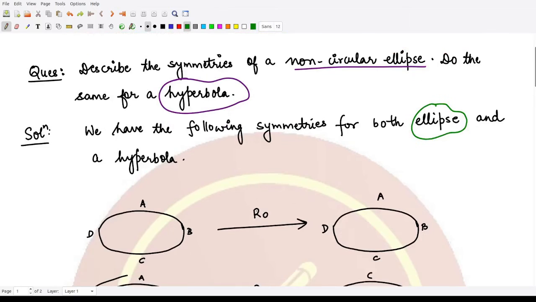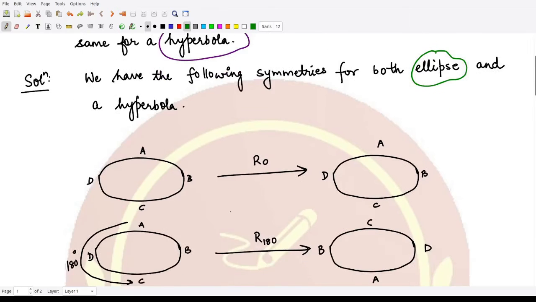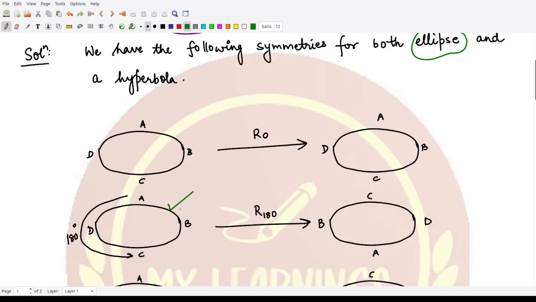First of all, if we take the rotation by 0 degrees, that means we are not doing anything to it, so it would remain the same. This is one of the symmetries, which forms the identity here. For the next one, we take the same ellipse and rotate it by 180 degrees in the anti-clockwise direction.